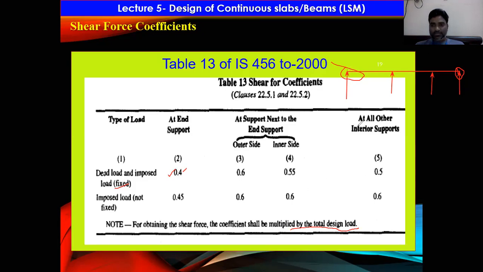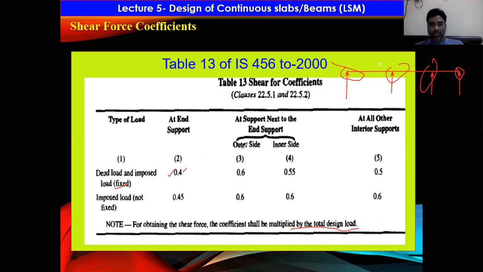And coming to the support next to the end support. So that means this is the support just next to the end support. So this is the end support. Next to end support is this one and this one. Here you will get two shear forces, right? That means one is this side and one is this side. That means one is due to this one and one is due to this one.